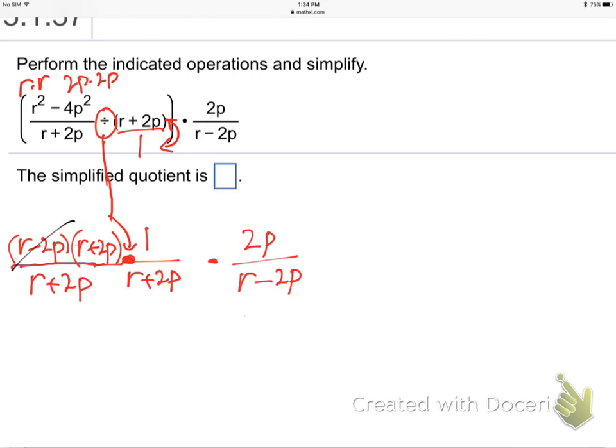So r minus 2p cancels r minus 2p, and r plus 2p on the top with r plus 2p on the bottom. Or you could have canceled the other one, but you can't cancel both. It's just one thing on the top with one thing on the bottom. So what are we left with? 2p over r plus 2p. And can I cancel those two p's? No, the glue on the bottom, huh? So you can't do it. So that's just it right there.